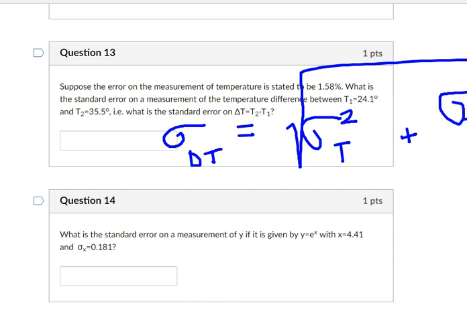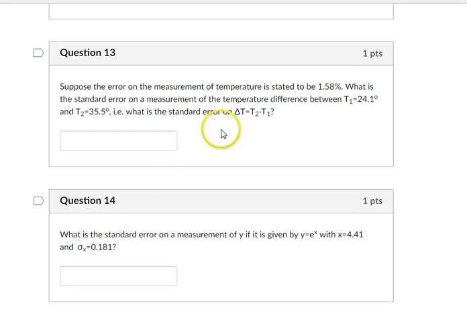It's not simply sigma T because we're taking this difference. Why is that? Well, one temperature could fluctuate up and the other fluctuates down, or they could fluctuate towards each other. There's a broader spread on delta T than there is on either temperature.